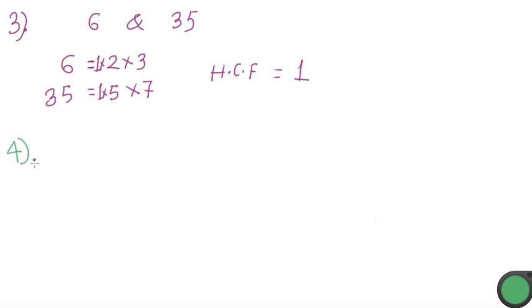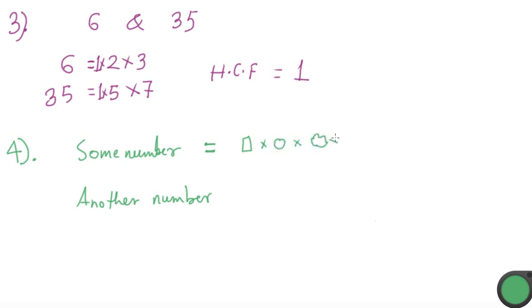Now you see, if you have some number, let's call it X, and another number Y. If you look through a magnifying glass, and it is this times this times this, whatever, these are all prime numbers which I am writing.